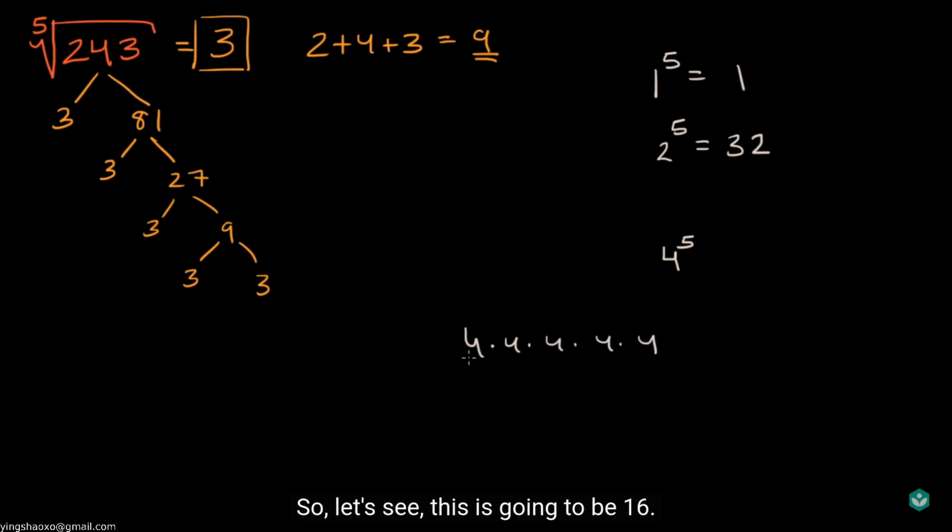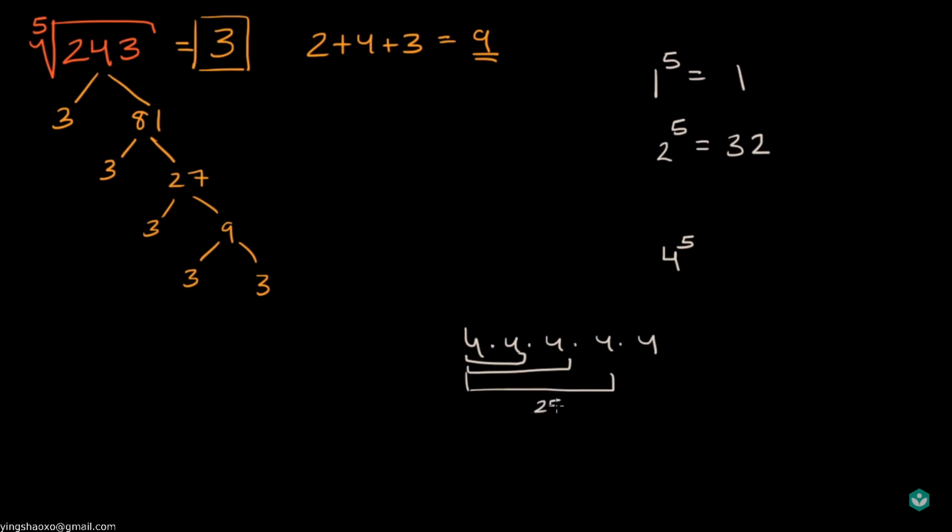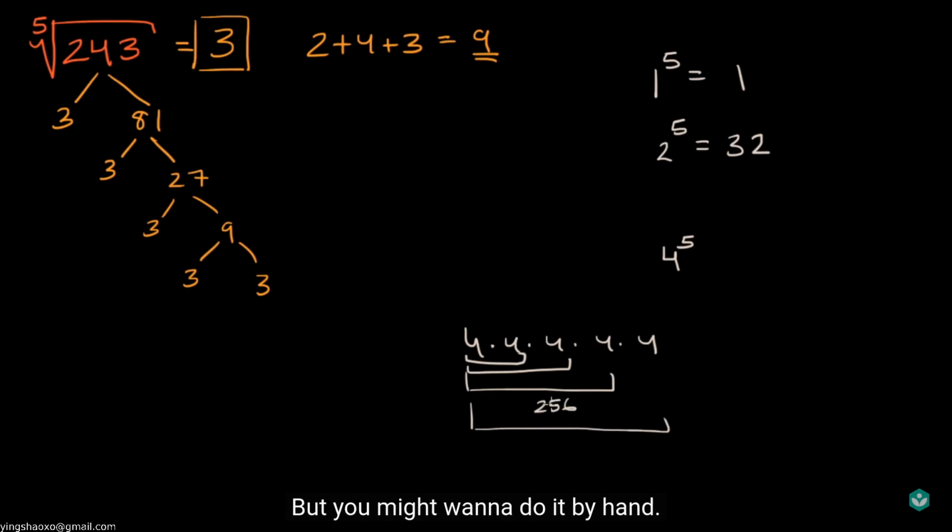So let's see, this is going to be 16. 16 times 4 is 64, times 4 is 256, and then that times 4, and I just happen to know this, but you might want to do it by hand, this is 1,024.